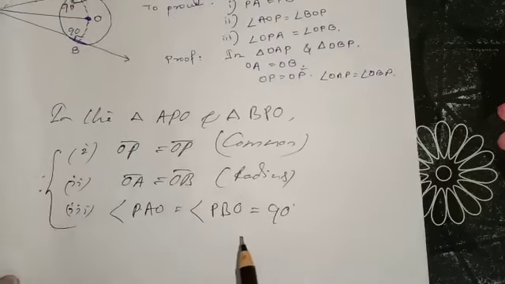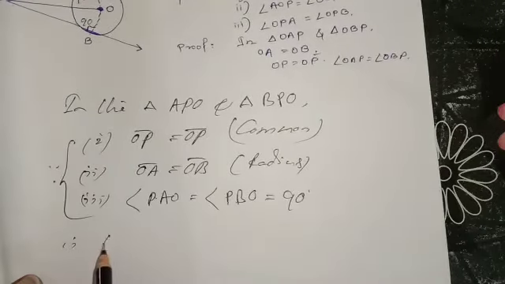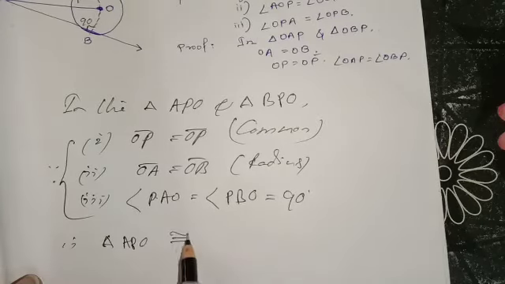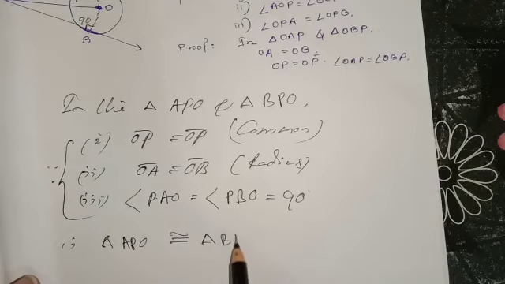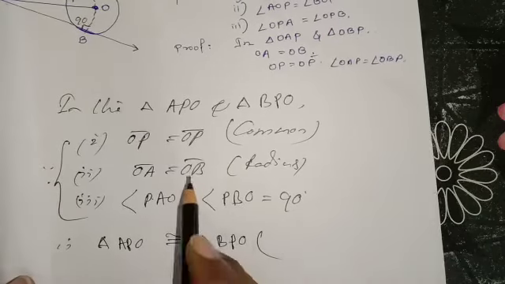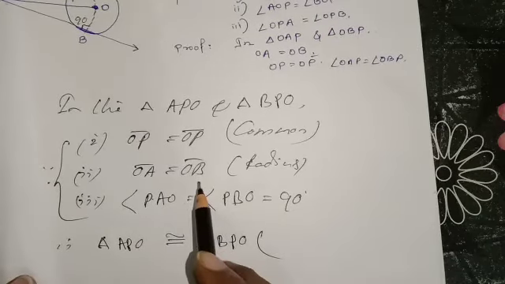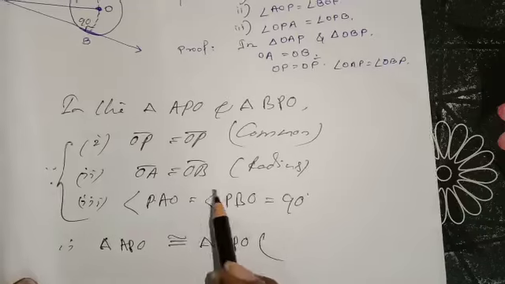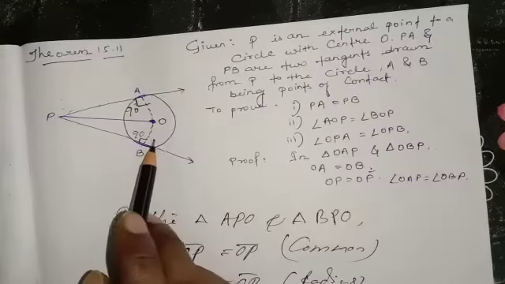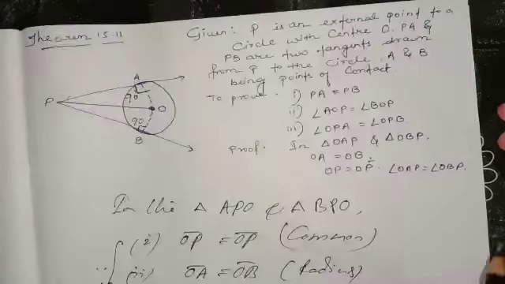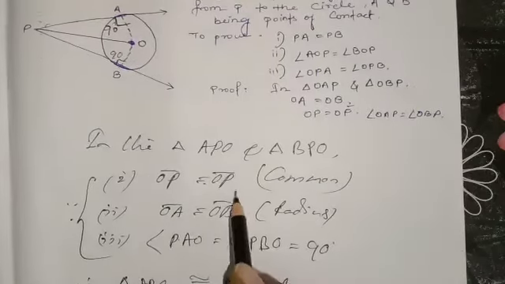Therefore, triangle APO is congruent to triangle BPO, for which property? Right angle hypotenuse side, because OP is the hypotenuse of the right angle triangle, OP is equal to OP, common side.